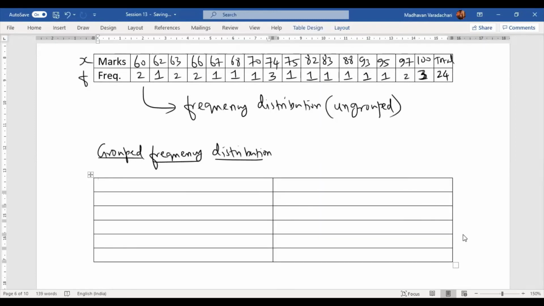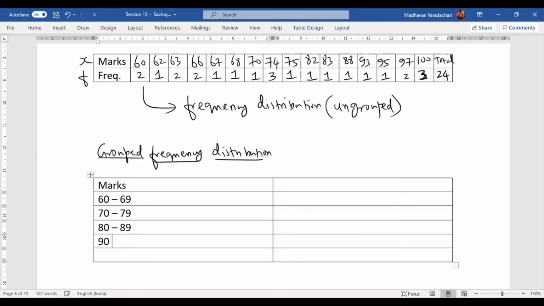Here I'll call it marks. I'll create a grouping like 60 to 69, then 70 to 79, then 80 to 89, then 90 to 99.